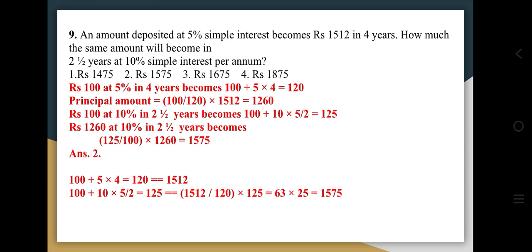Or, as shown on the screen, 100 becomes 125, so what does 1260 become? If we calculate, we get 125 by 100 into 1260, which is 1575. So by calculating the principal amount, we can do the problem. But if we use the previous method, A corresponds to B, then what does C correspond to, we can very quickly solve this problem.